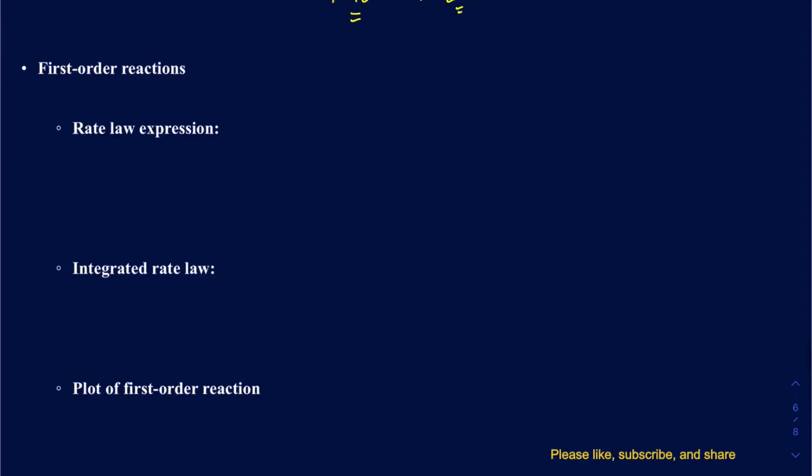So suppose I have a first order reaction, so I'm just going to write in a generic reaction where A goes on to make product. If I want to write down a simple rate law expression for this particular order of the reaction, it's going to be rate is equal to some rate constant K times the concentration of A to the power 1.